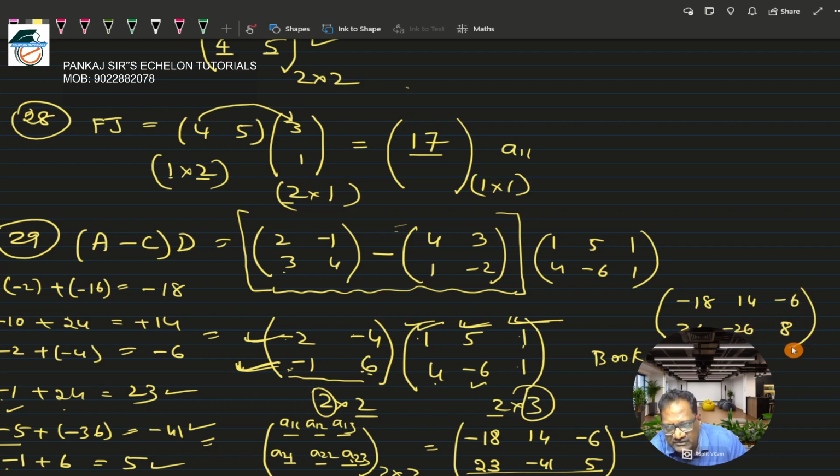So this is the book answer, which I don't think is correct, and this is the answer that I have come to the conclusion, and I think it's correct because I have double checked it. So anyway, book answer is this one, and this is my answer. If you trust me, this is the right answer.